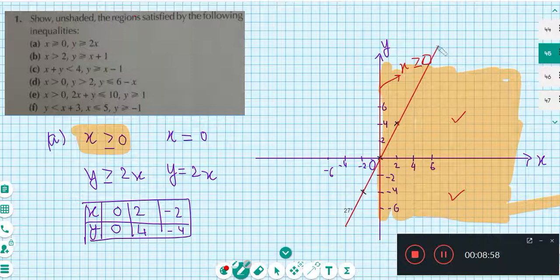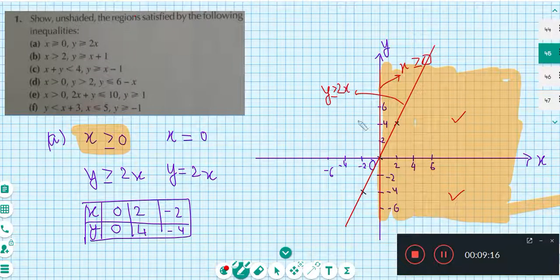So basically this is the line. This line is y equal to 2x, or if I have to shade the inequality, this will be y is greater than or equal to 2x.